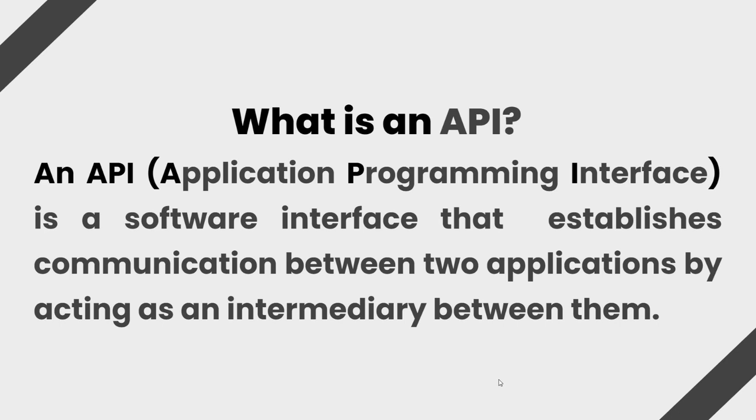But with the use of an API, it can actually pass the request of one application to the other application and get a response from there and send it back. So the API here establishes communication between two applications by acting as an intermediary between them.